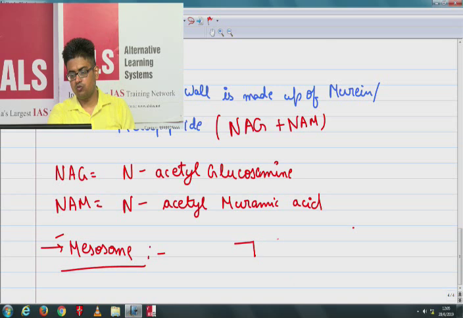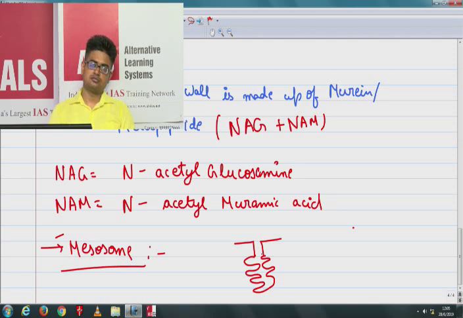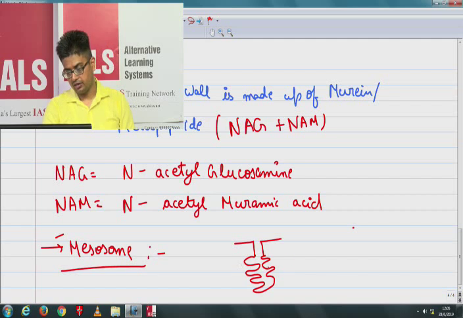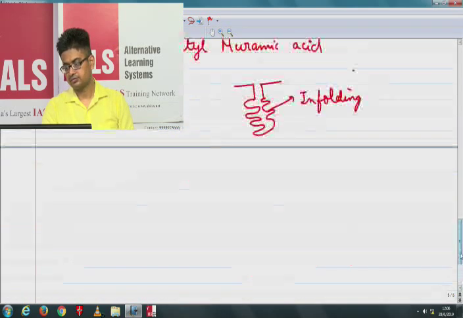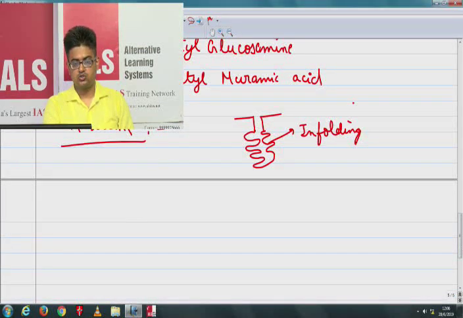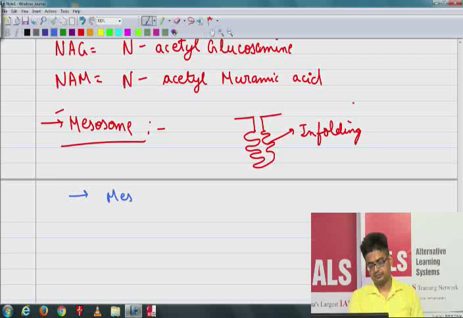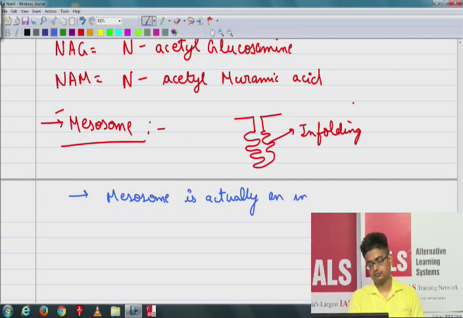Mesosome is an infolding of the plasma membrane. This is an infolding. So we'll write: mesosome is actually an infolding of the plasma membrane.